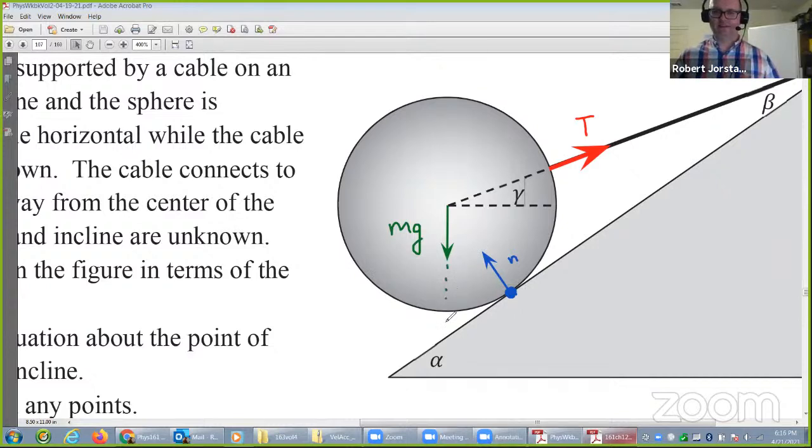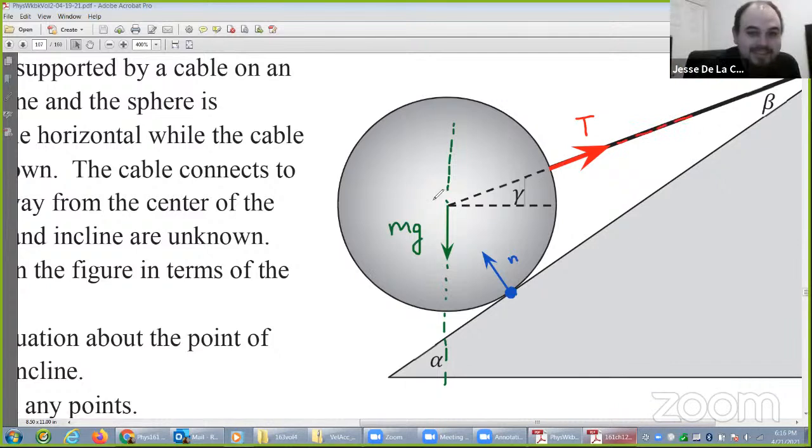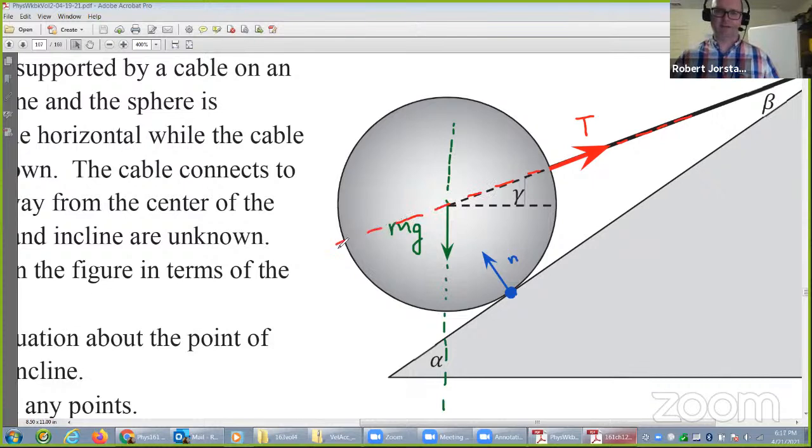I'm going to draw the lines of action for these just in case we need them. Does this look like a good candidate for lever arms or not? Not really. I don't necessarily like lever arms for this one. So here's one. Now, maybe you could do it. The problem becomes, what's the lever arm for that tension?